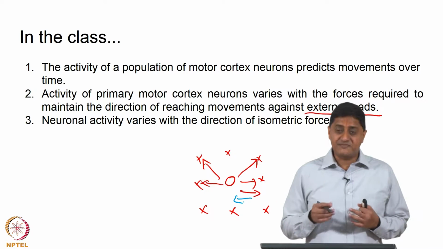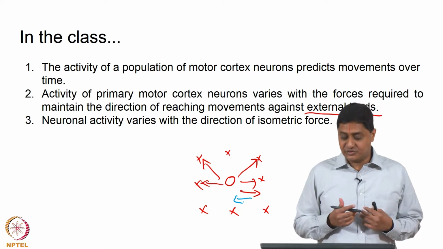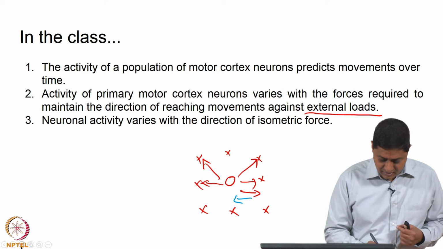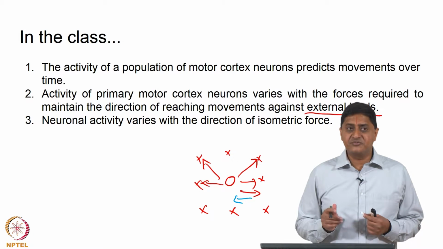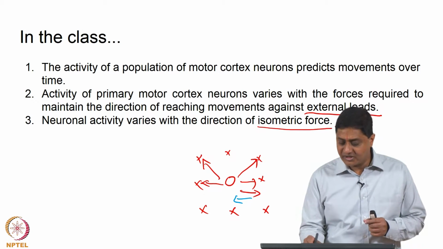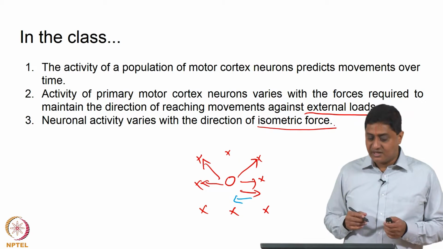You would expect that for the movement to happen there will be a greater activity of these neurons. Is that happening? That is the second question. And the third question is about what happens when there is no real movement, but force is produced against a non-moving object, or isometric force production. These are the 3 things we want to discuss in today's class.